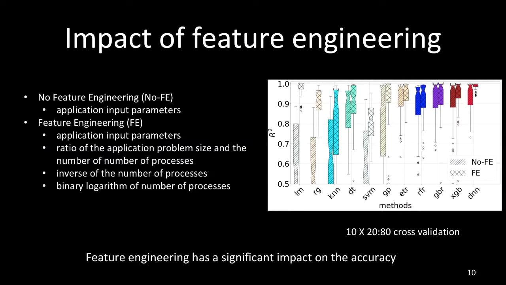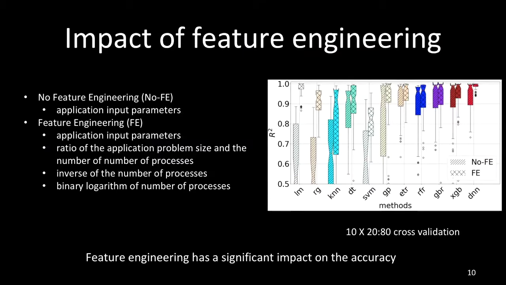The first one is the ratio of application problem size and the number of processes. The second is the inverse of the number of processes to capture the scalability. And the third one is the binary logarithm of the number of processes to capture the communication.